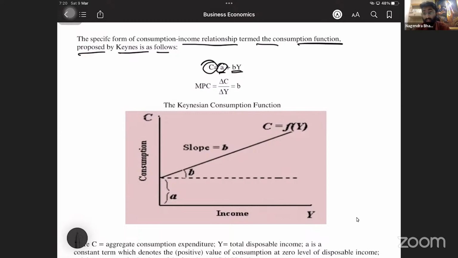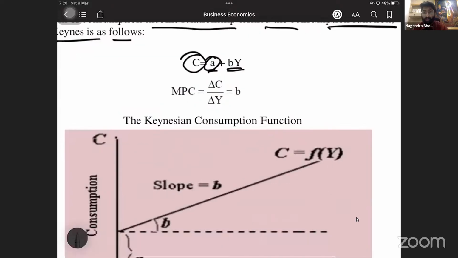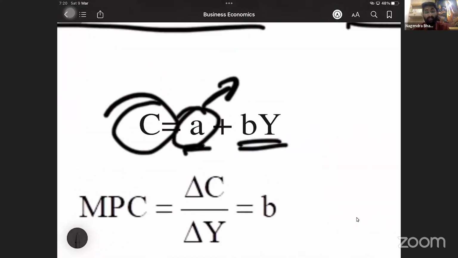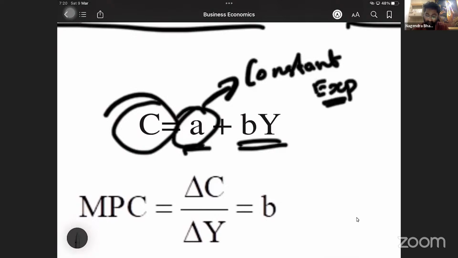A is constant expenditure. I told you, even if you don't have any income, you still have some spending. This is constant expenditure. A is constant expenditure.